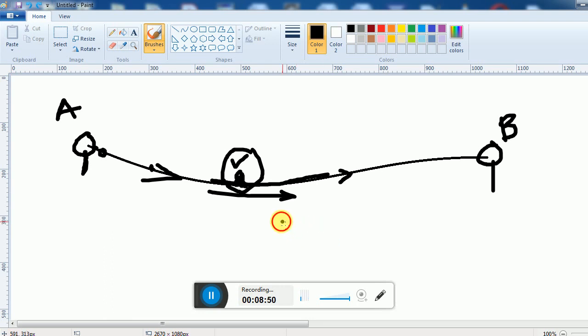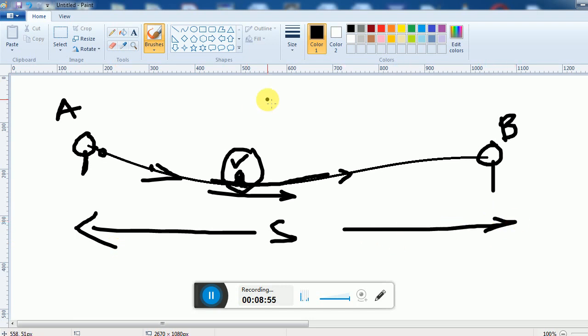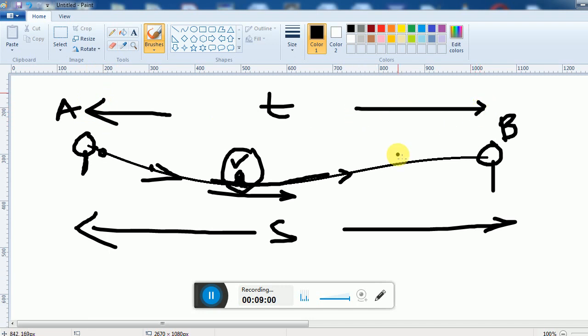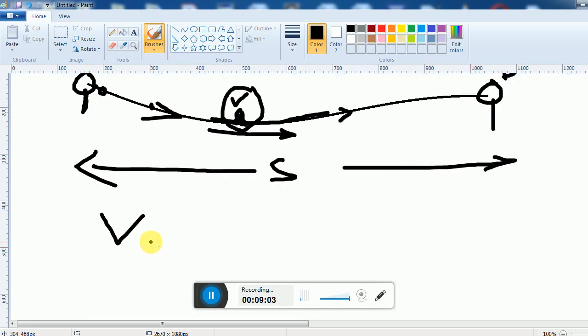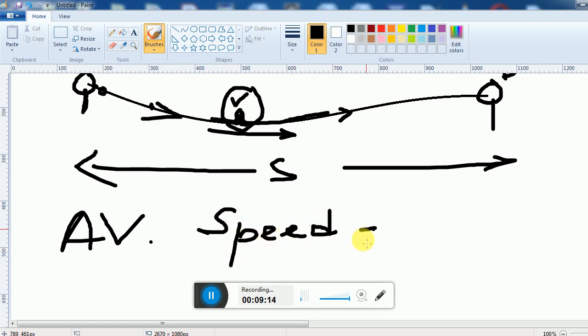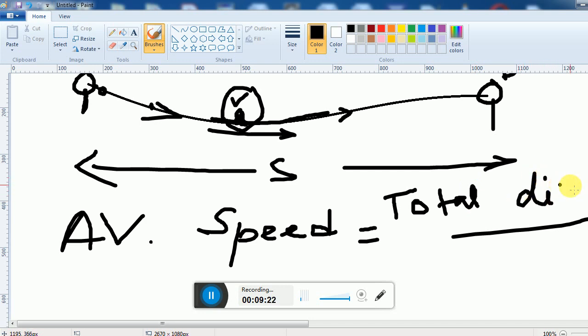Say S is the total distance, and total time is T. So average speed is equal to total distance by total time.